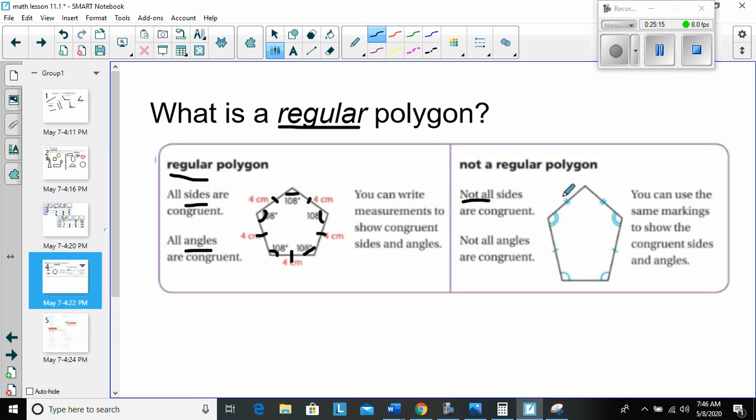But look up here, this has 2 tick marks and 2 tick marks. So this means because they had to use 2 tick marks, that this line right here is the same as this one, but these two buddies are not the same as these guys down here. Okay, if I took a ruler, these are obviously longer, right?